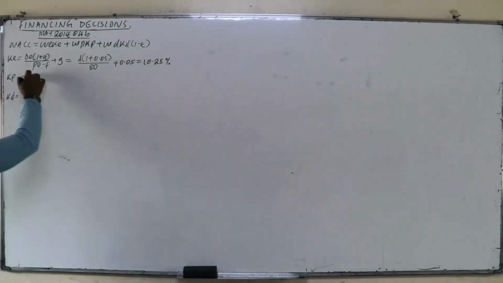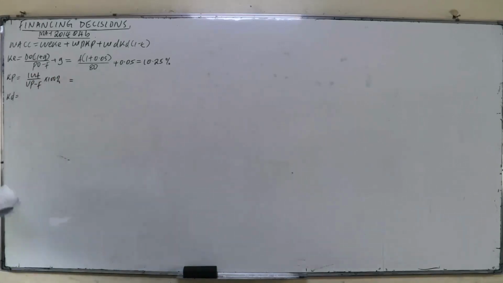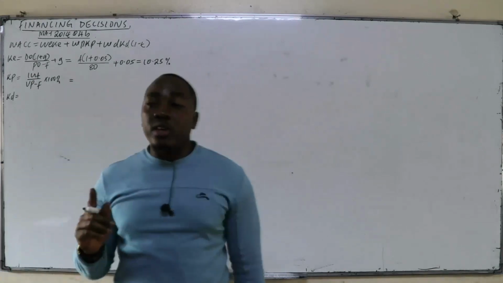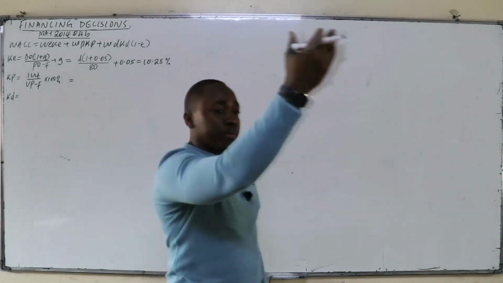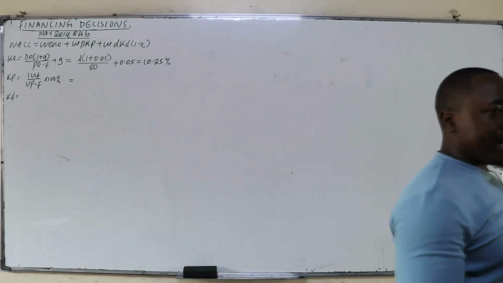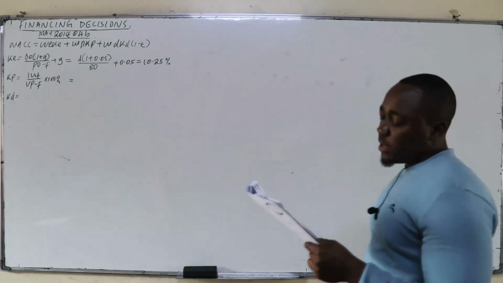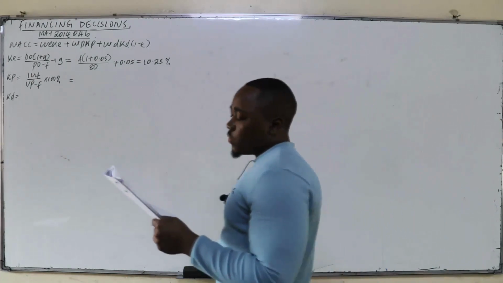Then you get the cost of preference. To get the cost of preference, you take the dividend over the value of the preference minus flotation, in case there is any, times 100%. In note number 4, we are not talking about the existing preference, we are talking about the new preference, so that means it is new capital. A new preference share can be sold at 120 per share with a dividend of 12 per share.